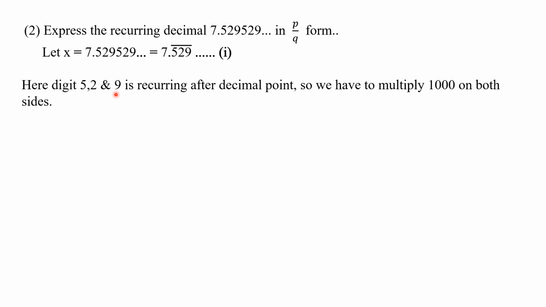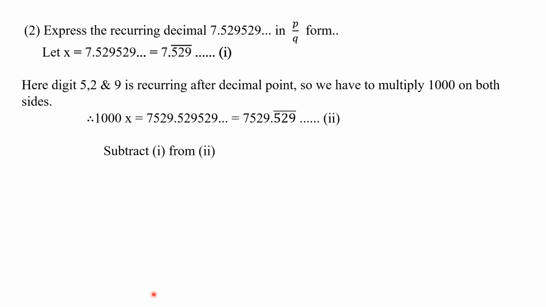So we have to multiply 1000 on both sides. It will become 1000x equal to 7529.529. Now what you have to do, students? You have to subtract equation 1 from equation 2.